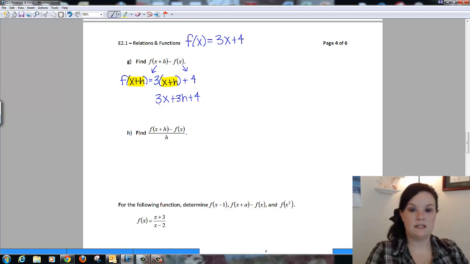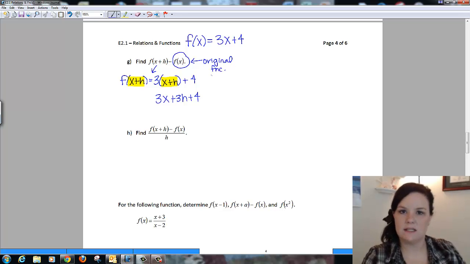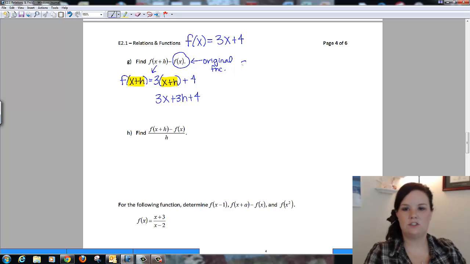So this is my f of x plus h. Now I want to look at the second part. The second part that I need to know is f of x. Now f of x, this is just my original function, right? I'm not doing anything to it. There's still an x inside the parentheses. So I know this is just 3x plus 4.